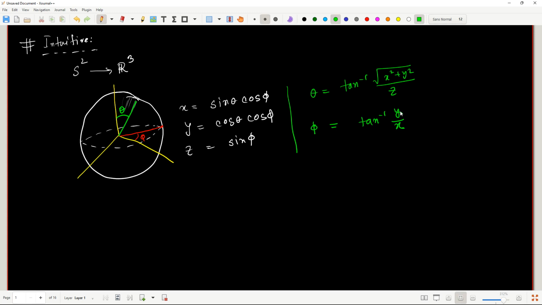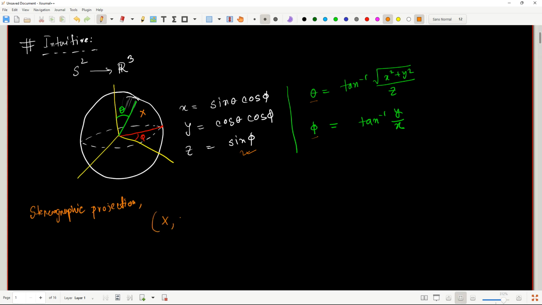Now you can even go further and choose different coordinates to represent the same point. Let's say you are dealing with this point, this cross mark over here. You can express it in terms of these coordinates x, y, z. You can even specify it in terms of theta and phi, or what you can do is take a stereographic projection, and that will result in the following coordinates.